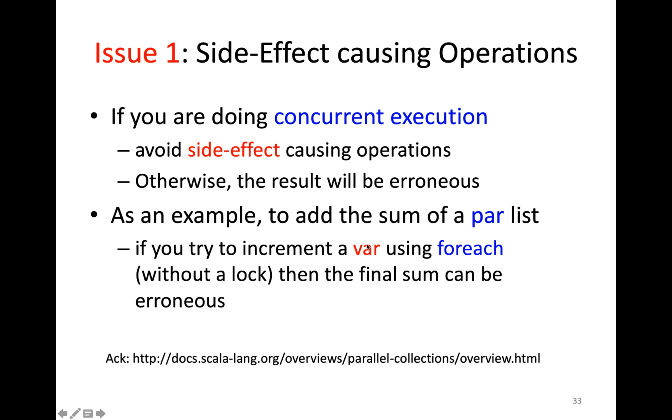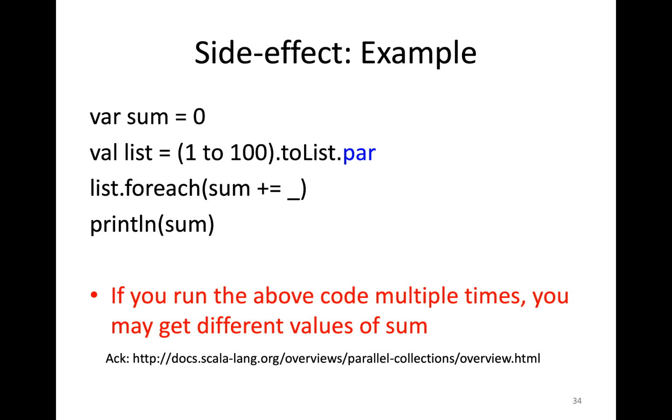But unfortunately that will not be a safe strategy, and soon we'll see that we can get erroneous results out of that because there is a possibility of side effect. Here is the same example with some more details, and here we are declaring that sum as var type initialized with 0.